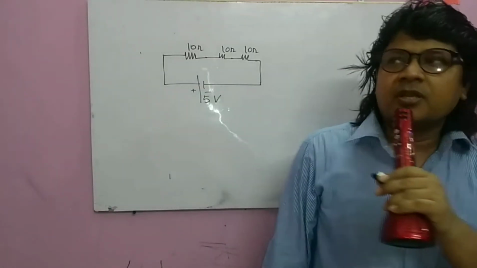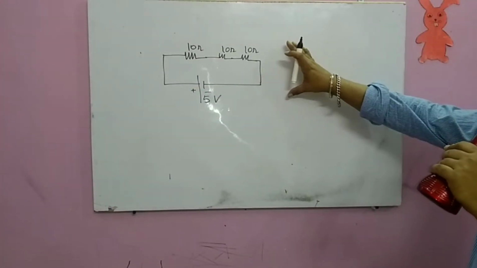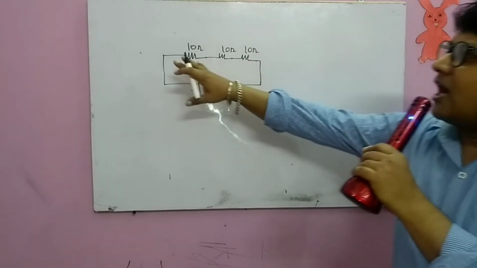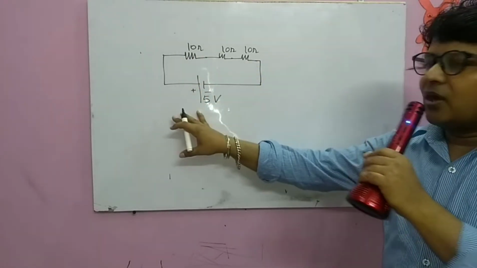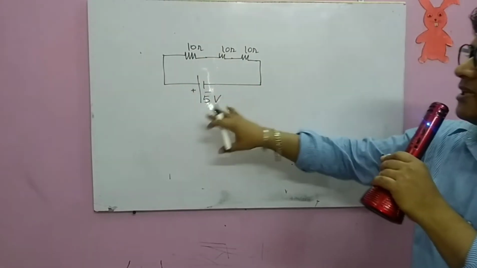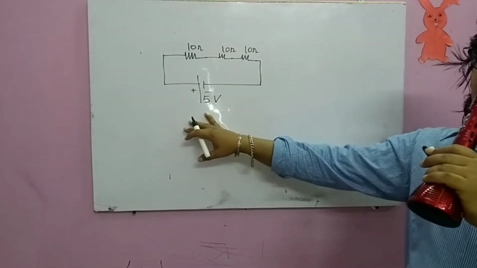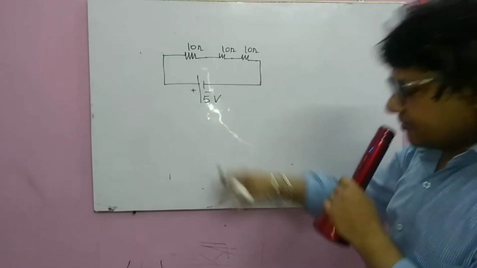If a circuit has three resistances R1, R2 and R3, and all are connected in series with a 5 volt source. Fine, this was the condition, right?